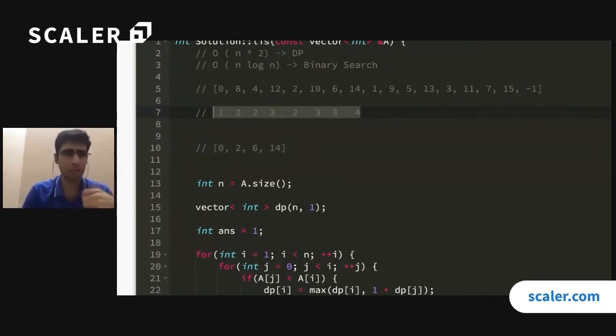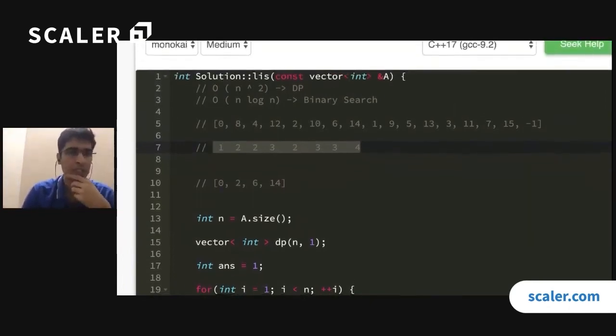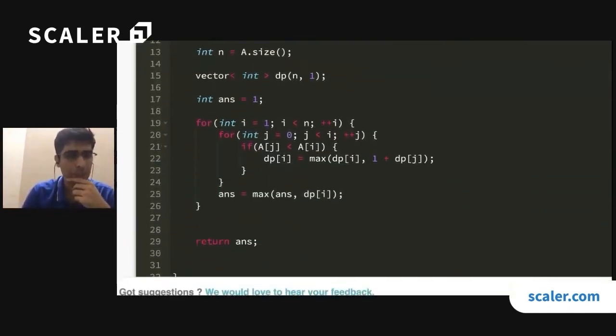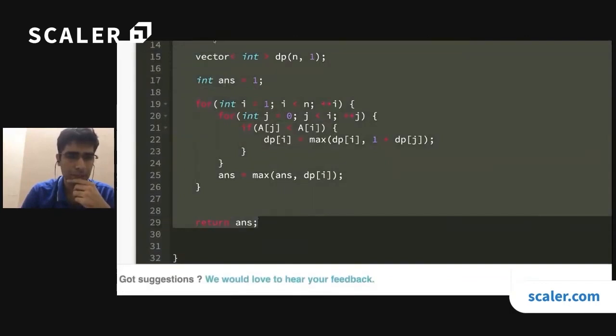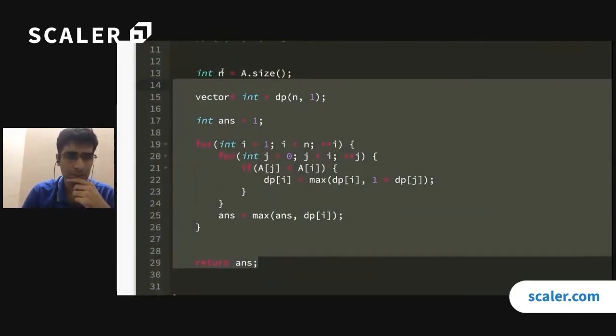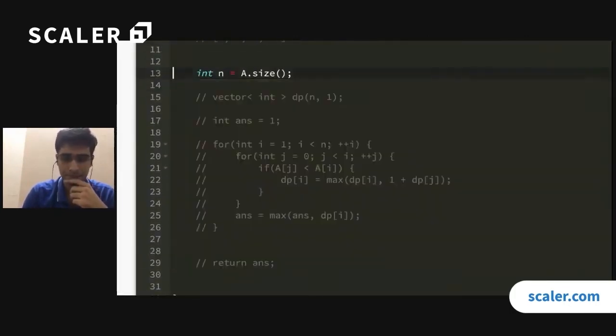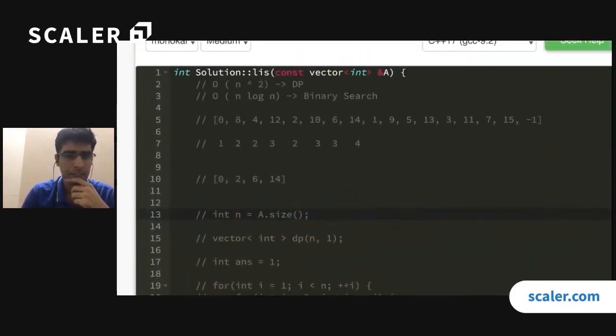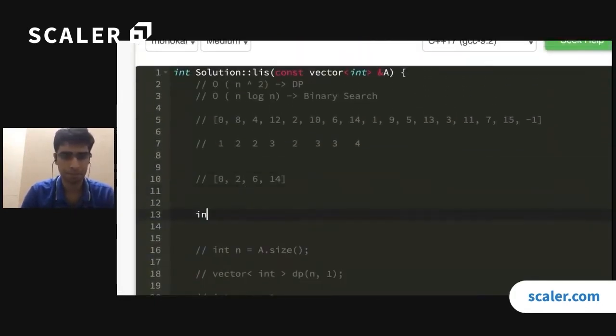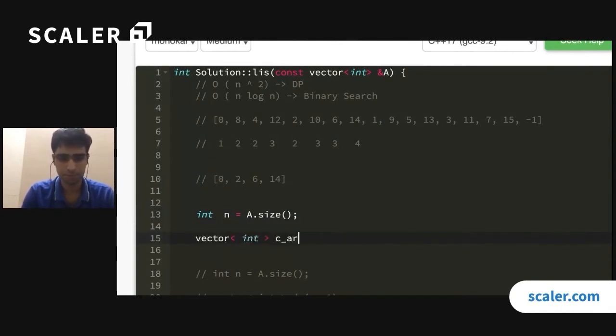Okay, now let me try to write the code, and then the other things will start becoming clearer to you. Let me comment out this code. This was the DP code. And let me write the binary search code now. Initially, my current array will be empty.